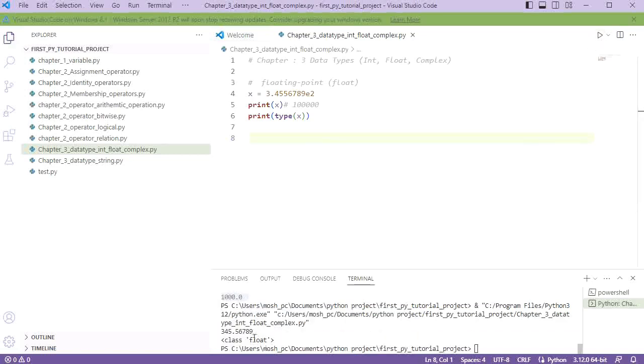As you can see here, we got 345.56789 and the type is float as output. So, it means scientific notation is used as a short representation to express floats having many digits.